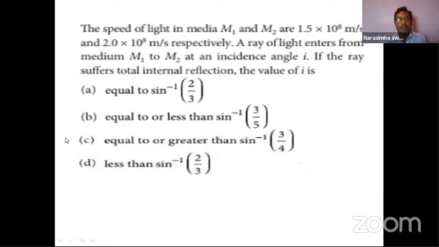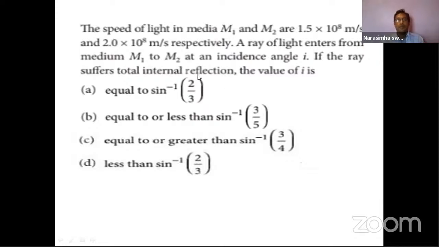The speed of light in medium m1 and m2 are given. There are two media, m1 and m2. Light is moving with 1.5 into 10 power 8 meters per second and 2.5 into 10 power 8 meters per second respectively.